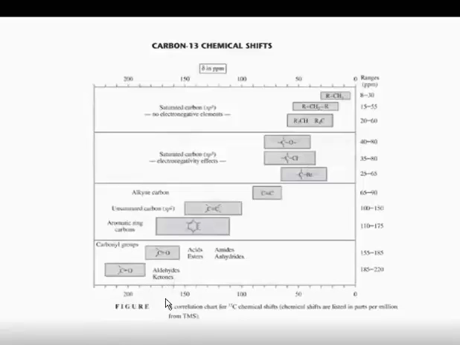Here is a carbonyl carbon. There are the effects due to the circulating pi electrons and also the inductive withdrawing effect of the oxygen, and as a result the chemical shift is very, very large, greater than 150.